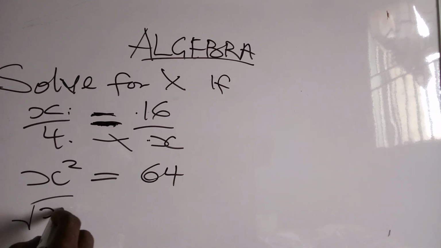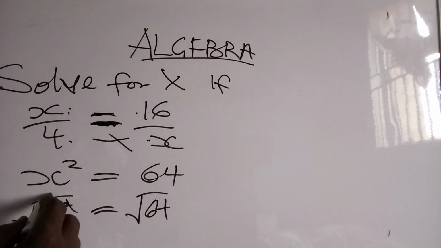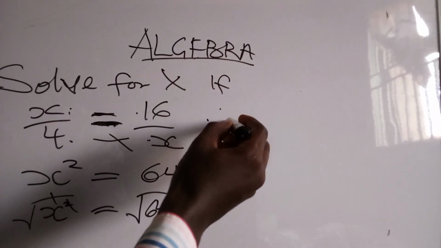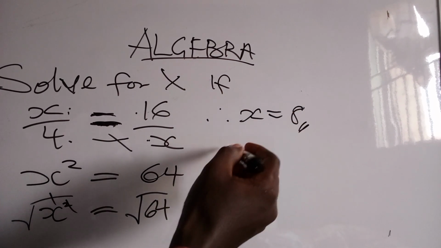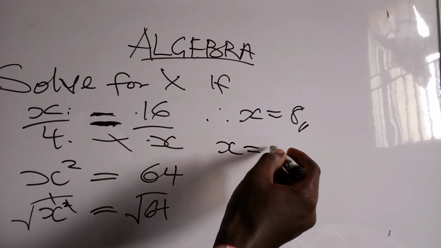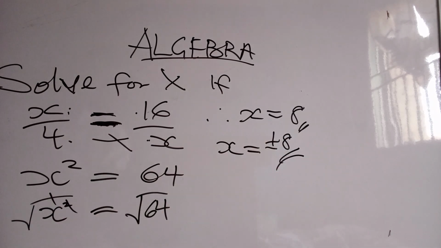When we find the square root of both sides, this will cancel this, so we will now be left with x equals 8. But don't forget, our value of x is plus or minus 8. So for this problem, this is the solution. Our x equals plus or minus 8.